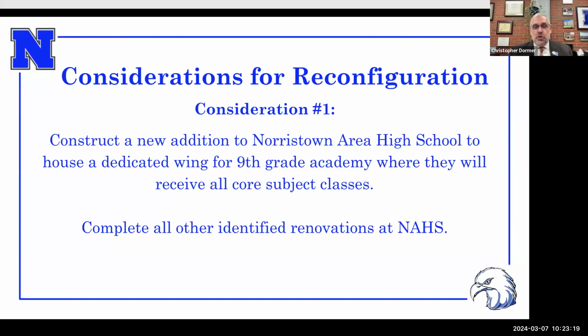It would provide a more supportive learning experience for 9th grade and would, again, benefit all of our students with more spaces and just a completely new renovation in our building. The addition with the renovations adds about $50 million to the cost of our total projects.